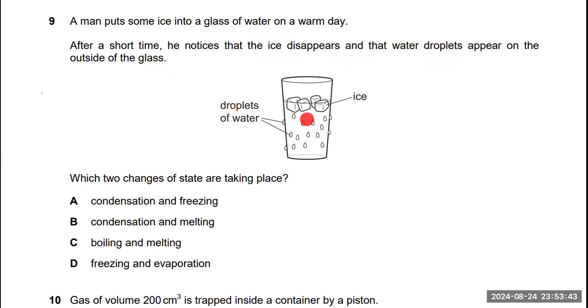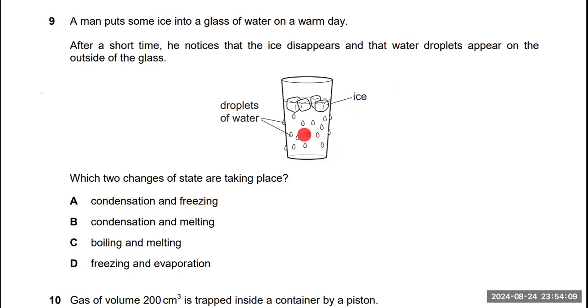As you can see, you have poured some ice cubes in, and after some time these ice cubes disappear, meaning the ice cubes start melting. Okay, and it converts from solid state to liquid state, and some drops appear outside the glass surface.